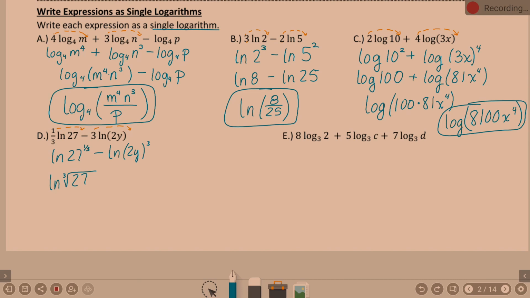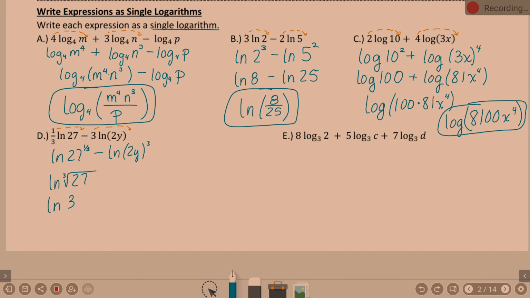Cube root of 27 is 3. Yes? Did we figure that out? Okay. That goes back to the blue paper, yes? Or the gold paper can be helpful because 3 to the 3rd is 27, so back it up.